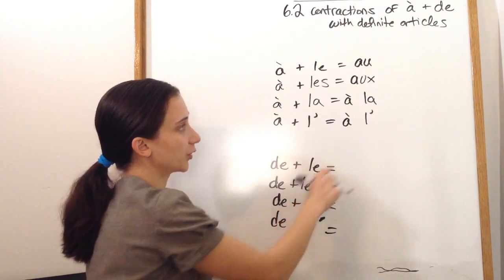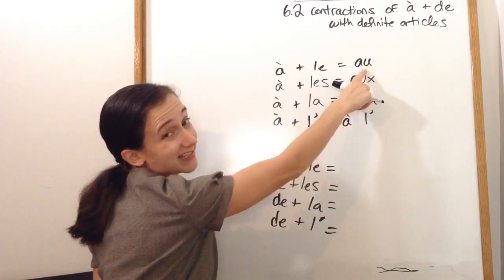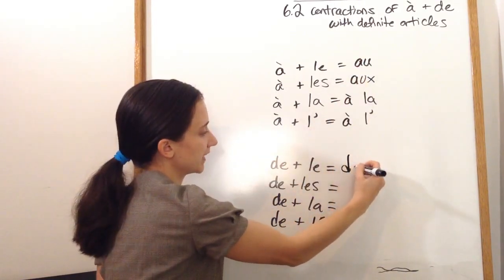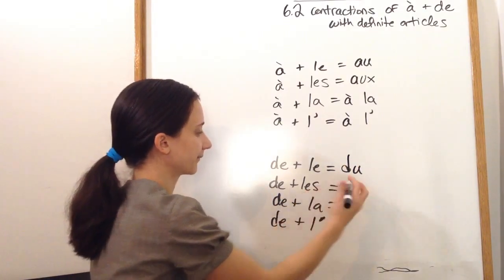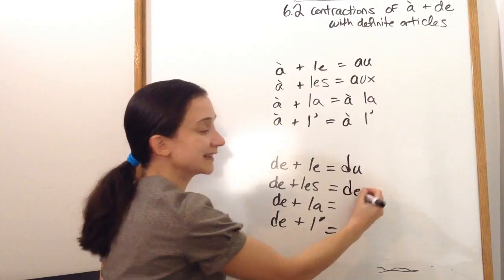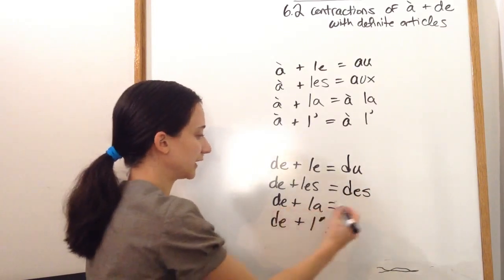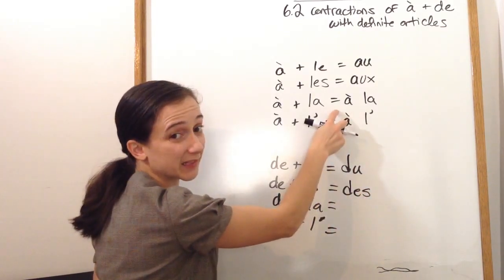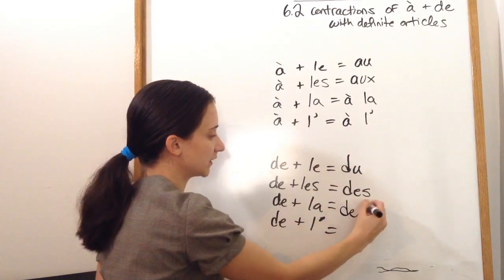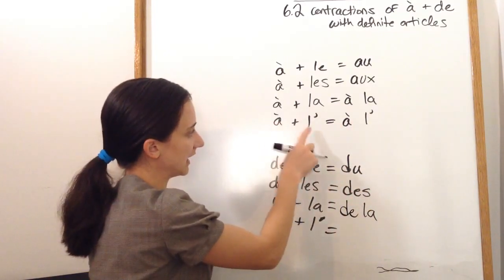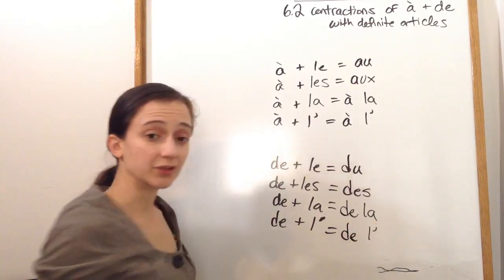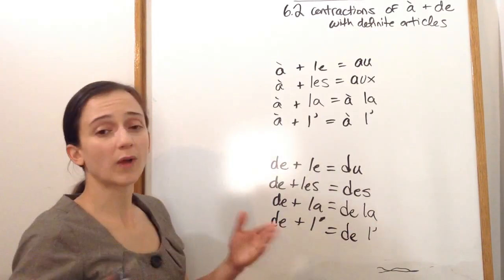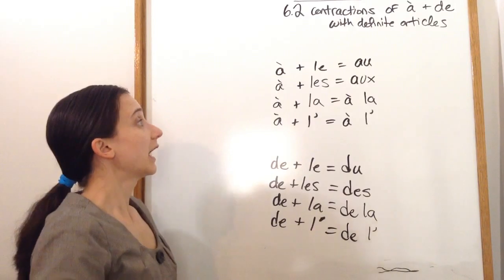It changes to something with a U, just like O. D, U, du. De and les, des. De la. Same thing. De la. A, l'apostrophe, de, l'apostrophe. Again, they don't change.